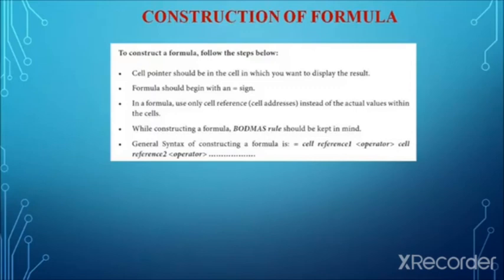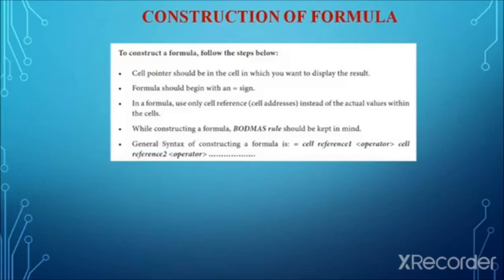While constructing a formula, the BODMAS rule is applied, which is similar to mathematics: brackets, exponent, division, multiplication, addition, subtraction. This is the order in which it executes the formula.